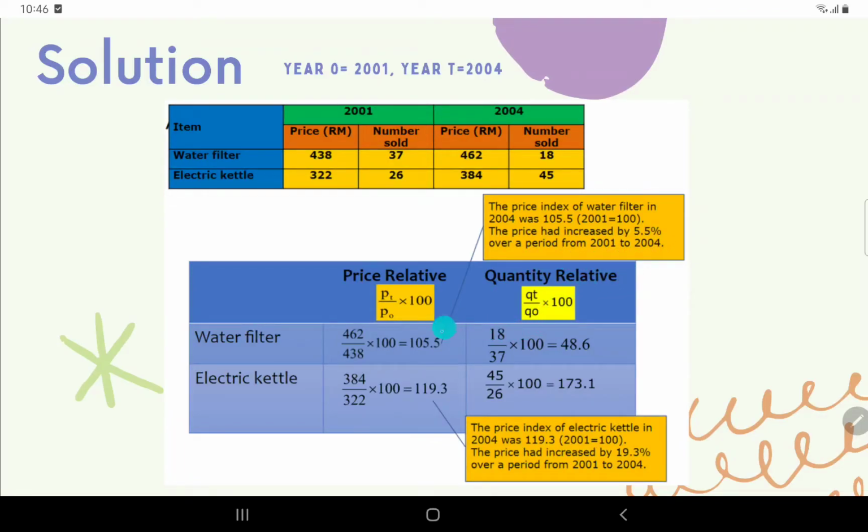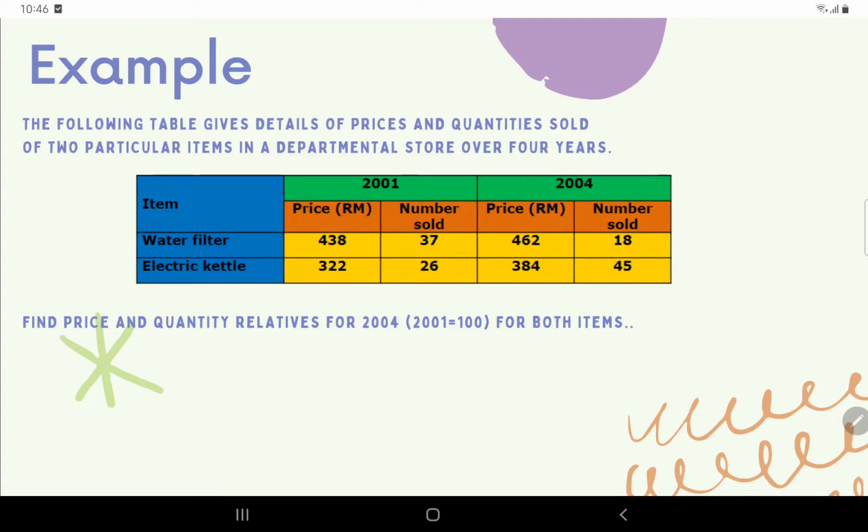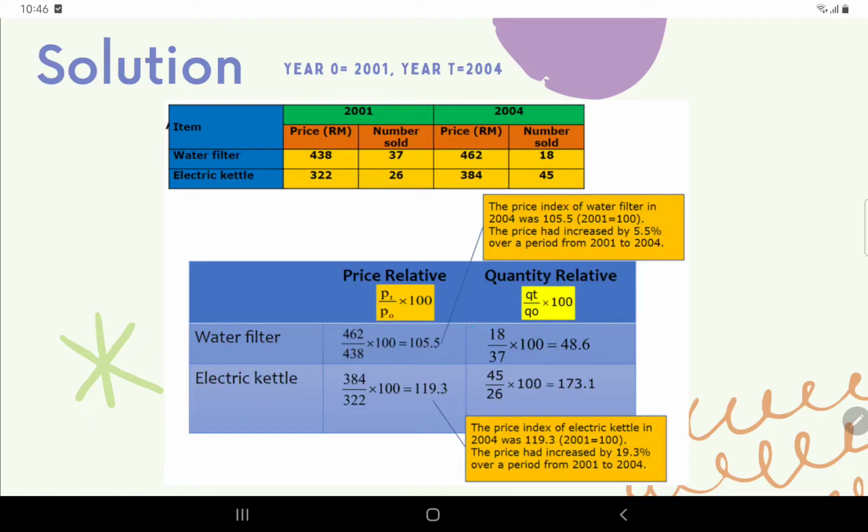Okay, this is because the base year 2001 is given as 100. So the answer we got here, 105.5, we need to minus it with 100, so the answer is 5.5, meaning that it is increased by 5.5%.